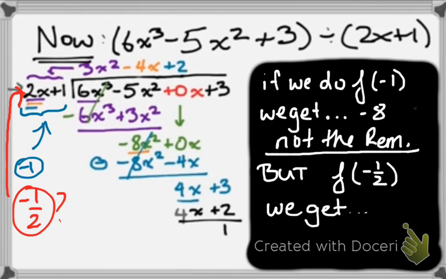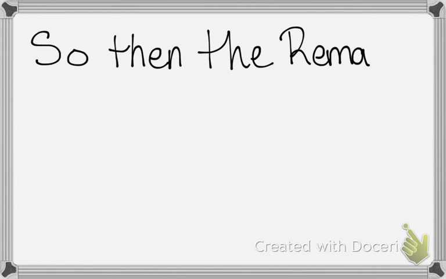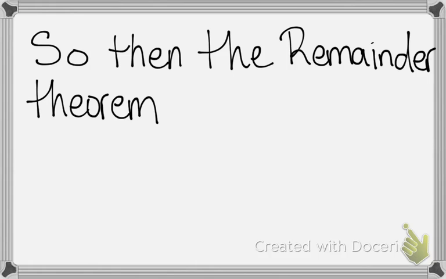And if you do that, try it, we get that f at negative half is actually 1. And that was the remainder. So that's pretty interesting. So what we see happening is something called the remainder theorem.